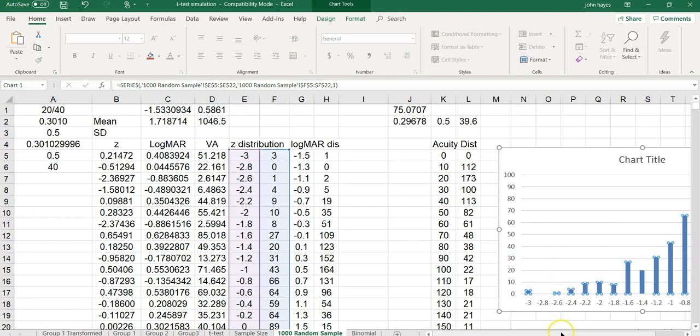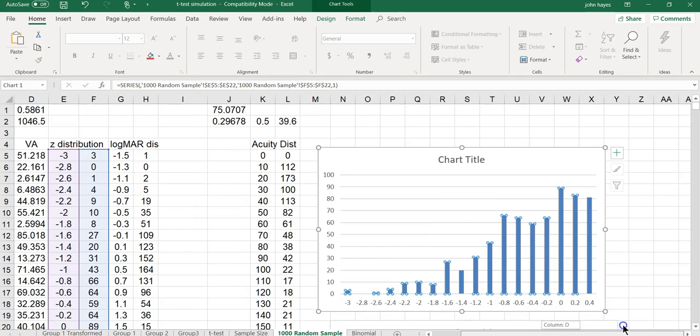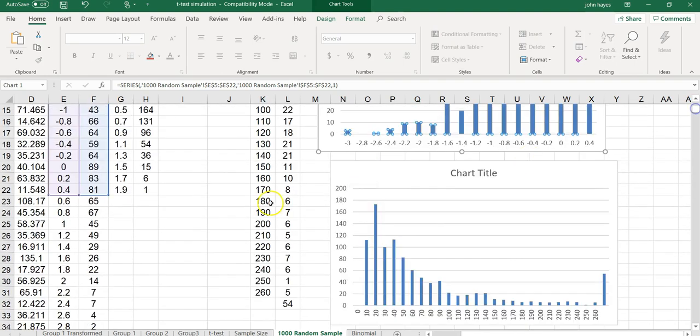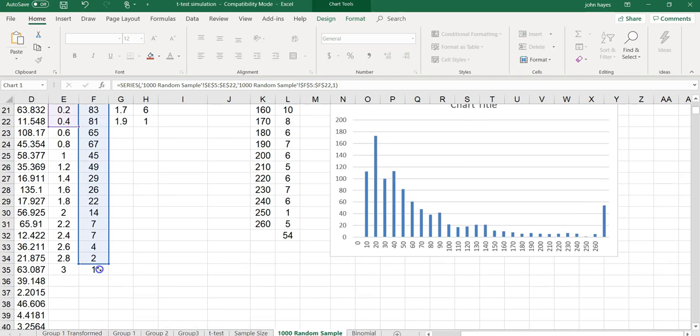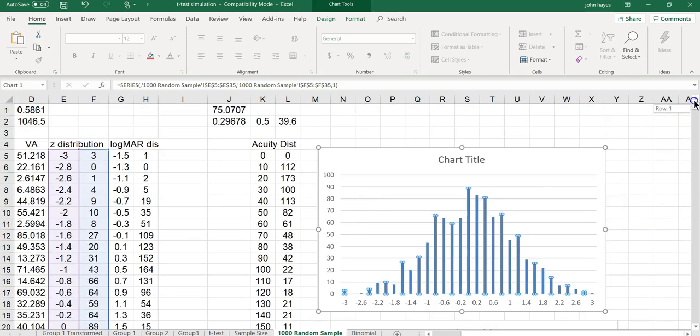This is what our, oops, well, it's been abbreviated. Let's see. Come down here. The point of all this is just to show you this is the random distribution of those z-scores.